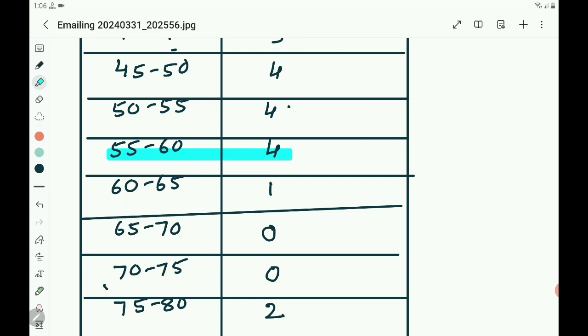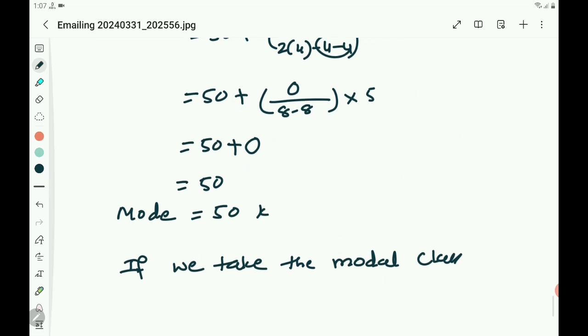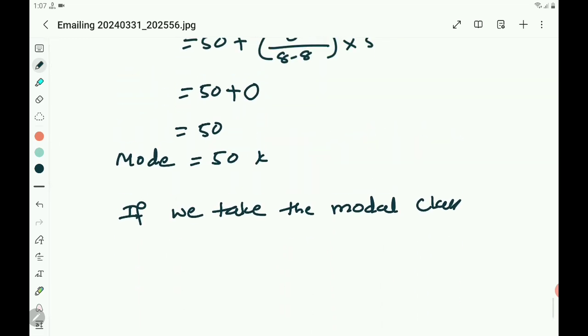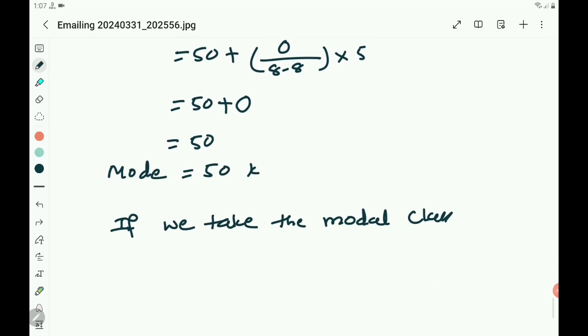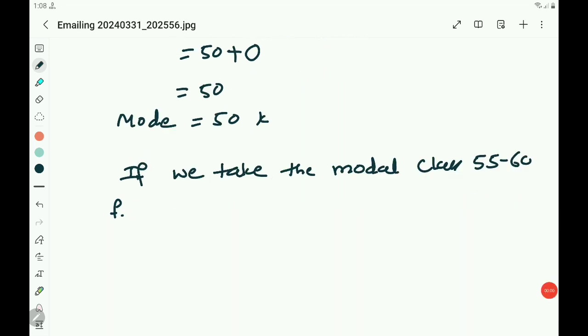Then what are F1, F0 and F2? This is F1, this is F0, this is F2. Which modal class do we have to take for that? 55 to 60. Then you write F1. F1 is equal to 4.